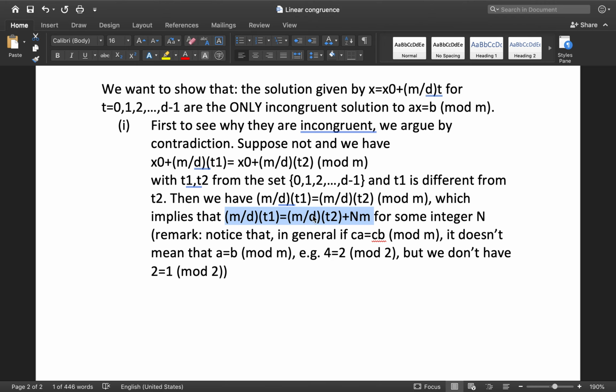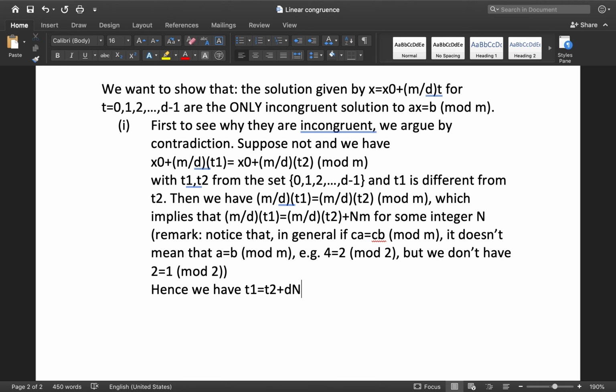You have m appearing everywhere in that equation, and you can also multiply the whole equation by d. Hence we have this. You manipulate this equation, you multiply it by d and then divide by m, then you get this: T1 equals T2 plus dn.